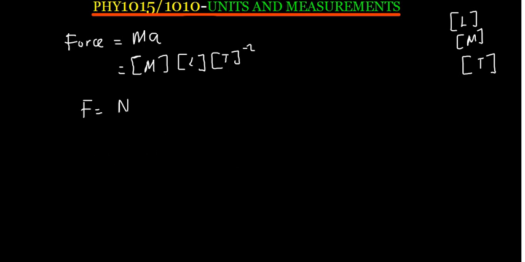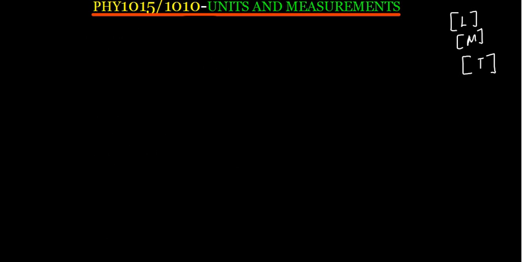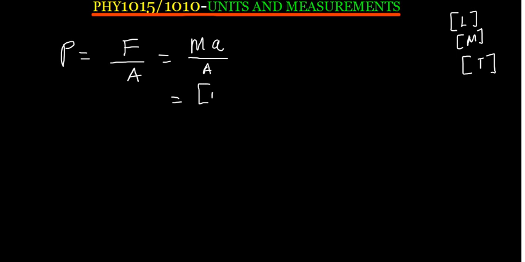Let me talk of pressure. We know that pressure is given by force divided by area. We also know that force is given by what? Mass multiplied by acceleration and then divided by area. What are the dimensions for mass? Mass is capital M. And then acceleration, remember acceleration A is velocity over time.